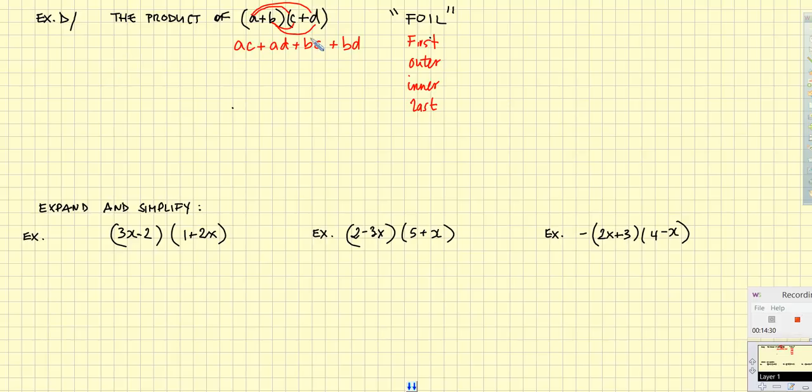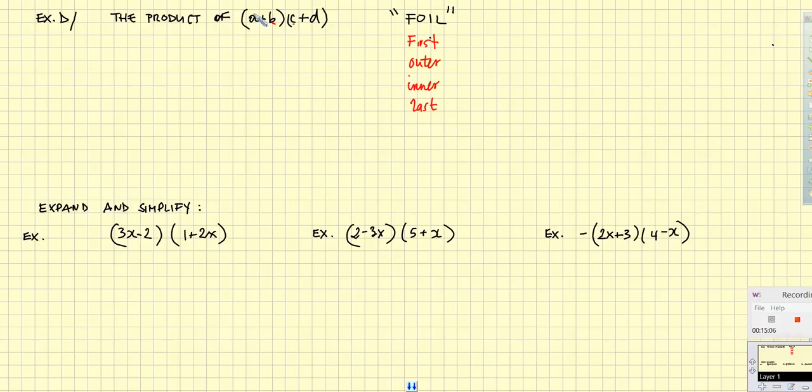So, for example, if I've got a plus b multiplied by c plus d, what it's basically telling you is that every term in the first parentheses has to get multiplied by every term in the second parentheses.